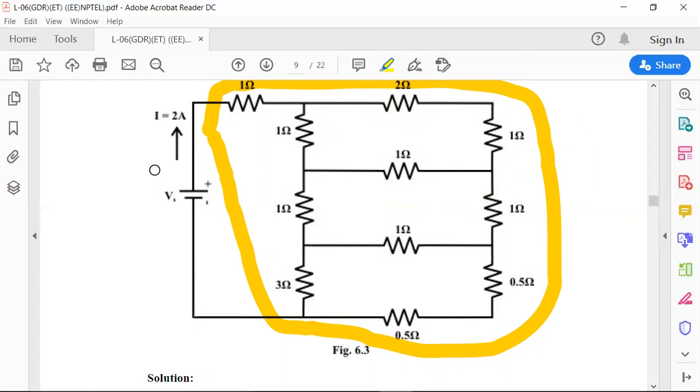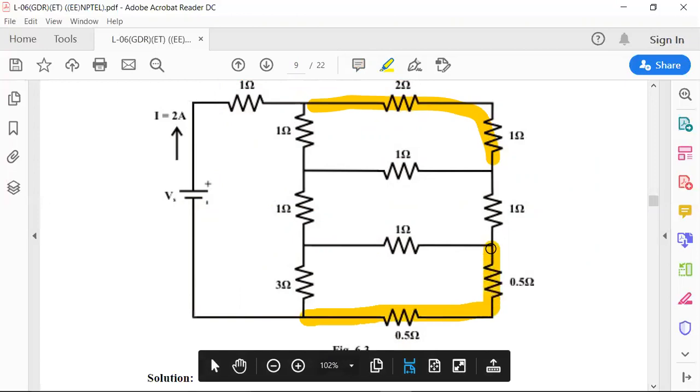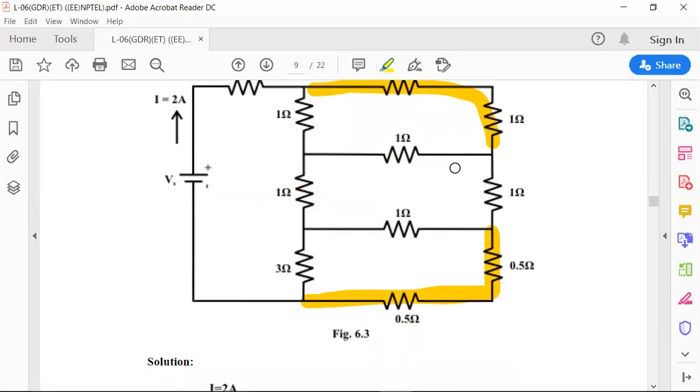Let me see. This is not series, this is not parallel, but this is series because the same current flows through this. These 2 are series, and these 2 are parallel. Then the value will become 3.